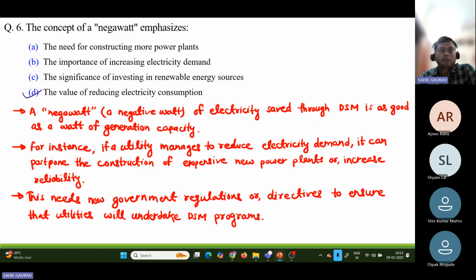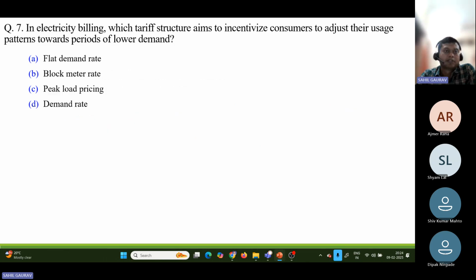So this is all about the negawatt concept. So let us move to the next problem.